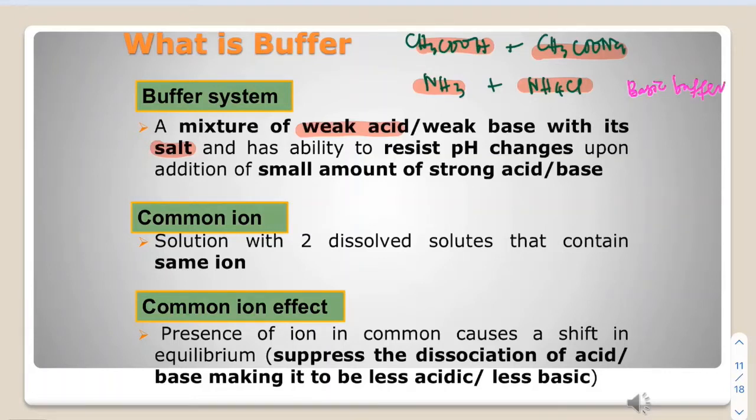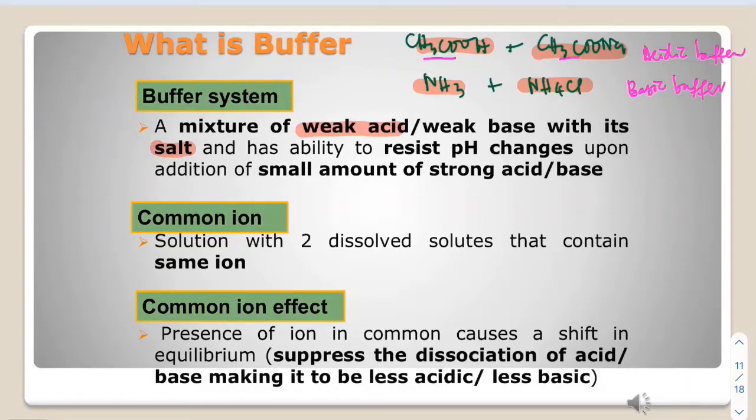But when we have a mixture of a weak acid and its salt, we say that we have an acidic buffer. This buffer system, either acidic or basic, has the ability to resist pH changes upon the addition of a small amount of a strong acid or strong base.